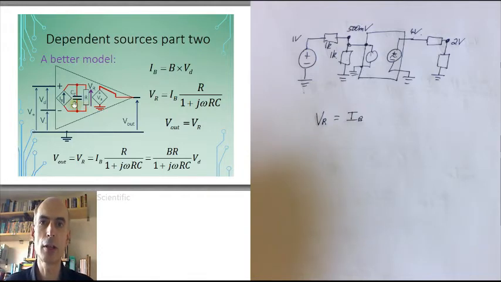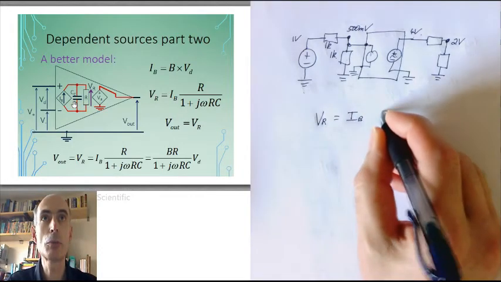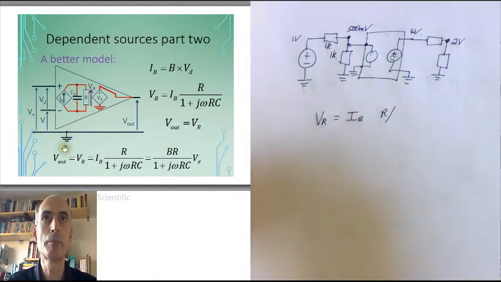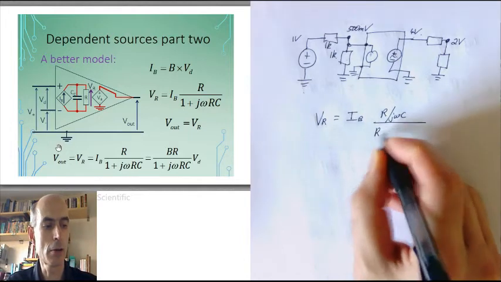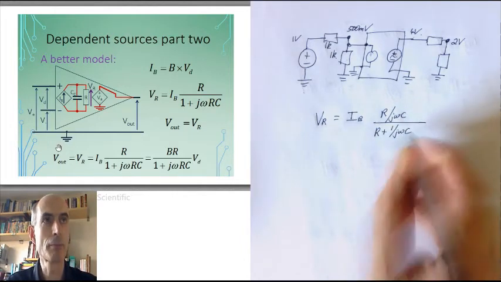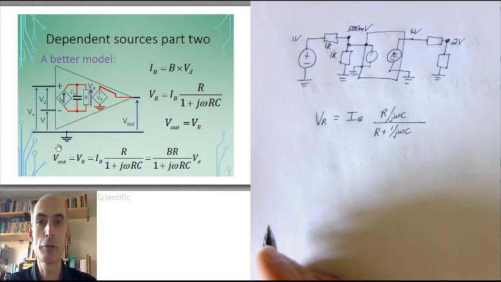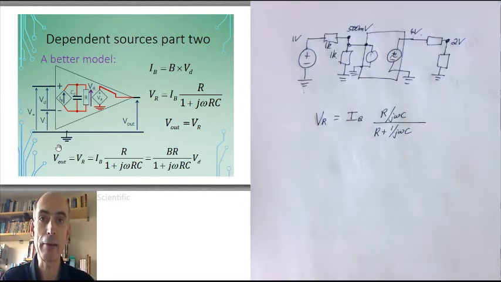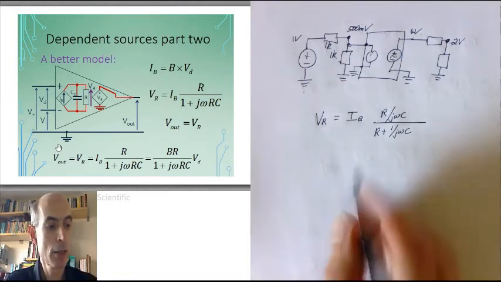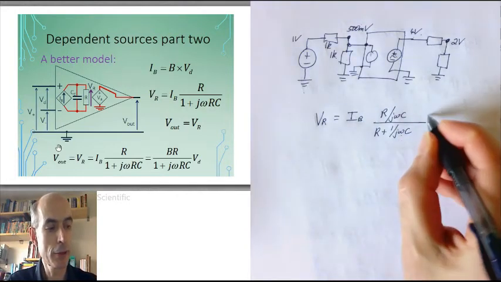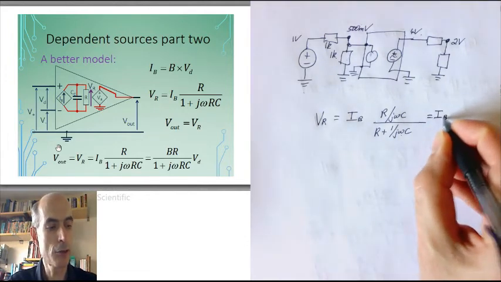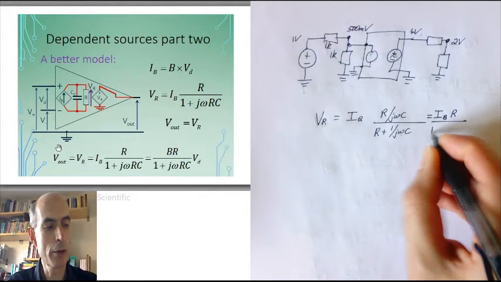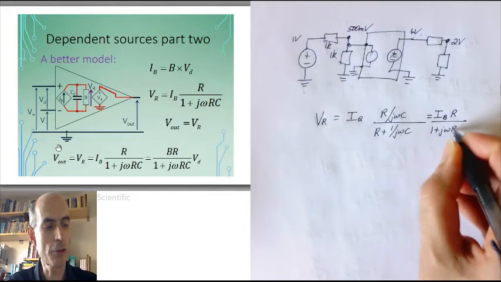So again, using the complex impedances, that would give me R over j omega C divided by R plus 1 over j omega C. That's just the standard formula for two impedances in parallel again. The product of the impedances divided by the sum of the impedances. This can be simplified by multiplying top and bottom by j omega C, and that just gives me IB times R over 1 plus j omega RC.